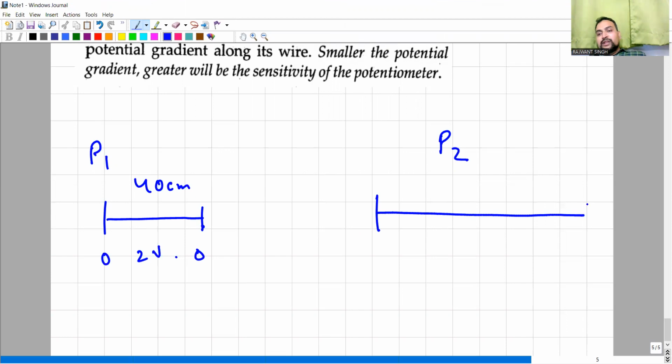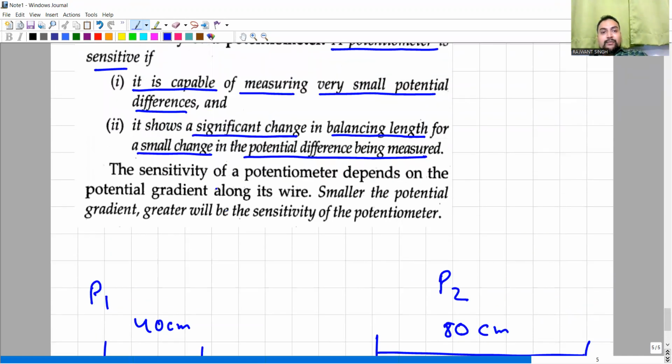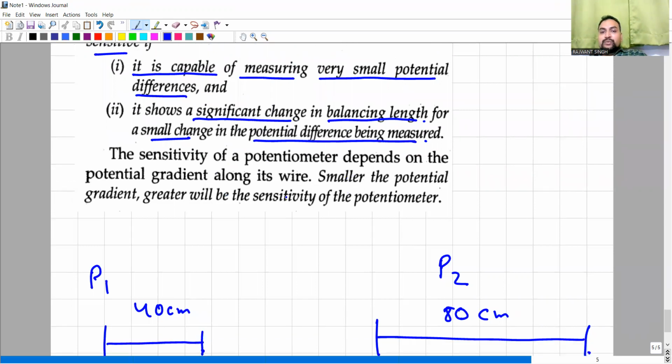But this potentiometer measures the 2 volt potential difference at a balancing length of 80 centimeter. That means this second potentiometer is more sensitive. Why? Because it shows a significant change in the balancing length for a small change in the potential difference being measured. So that is what the sensitivity of the potentiometer is.